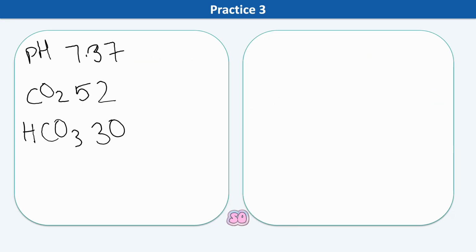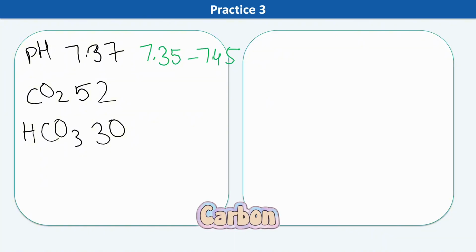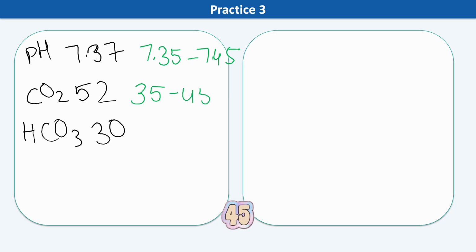Okay, so we have a pH of 7.37, carbon dioxide is 52, bicarb is 30. Now let's do our normal range first before we move on. 7.35 to 7.45. Carbon dioxide normal range is 35 to 45. Bicarb is 30, but our normal range is 22 to 26.